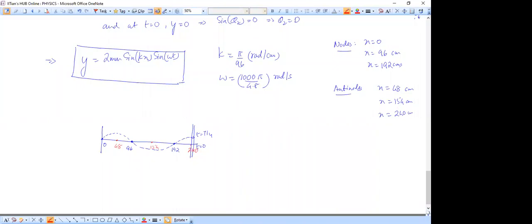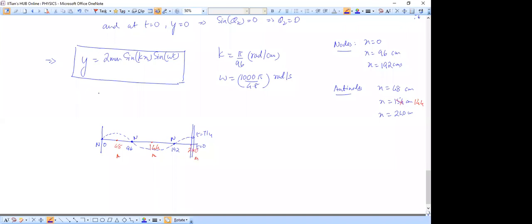My mistake, not 154. 144. Okay, so these are the antinodes. These are the nodes.